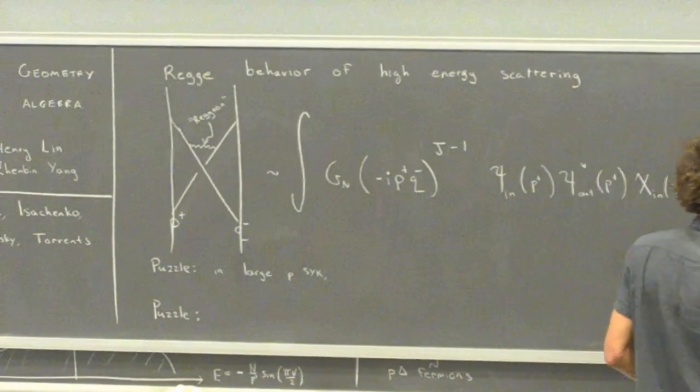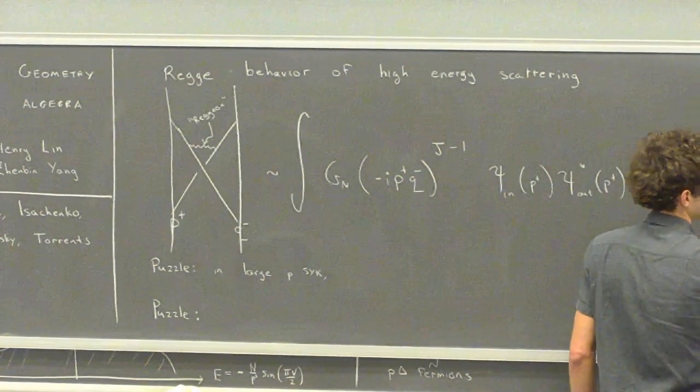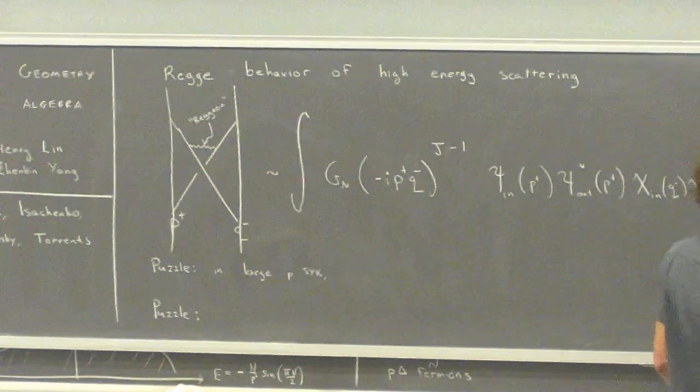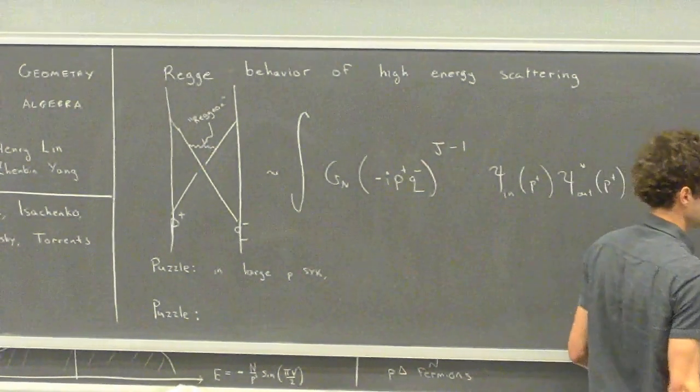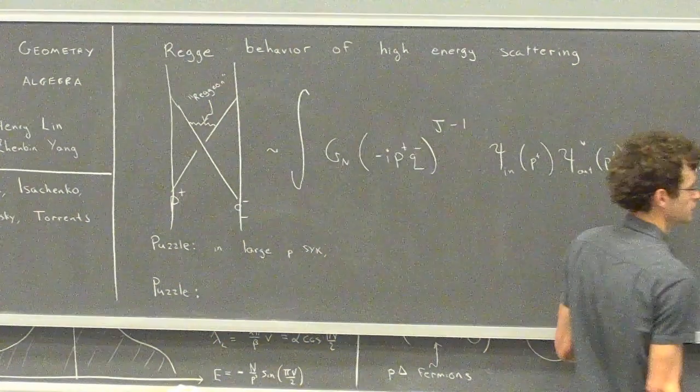So how do these generators act? Well, B acts as a boost, or a Rindler time translation. So this is the picture in Lorentzian AdS2 space. And in Euclidean AdS2 space, it acts just as a rotation.